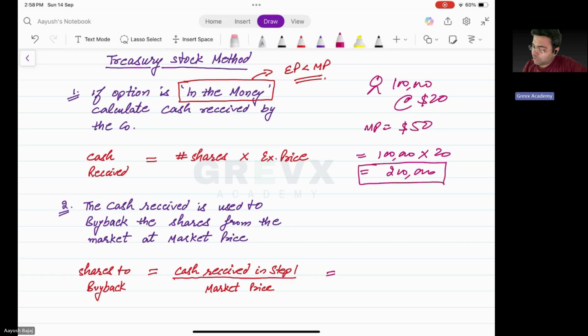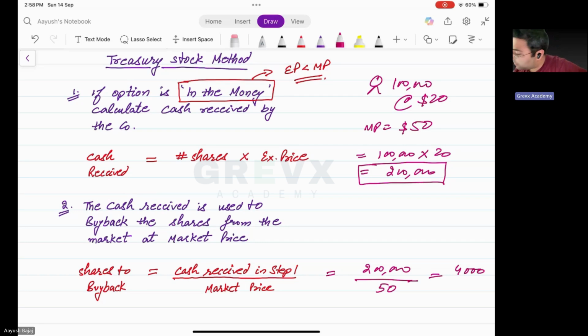So how many shares to buy back? How many shares the company will buy back? The market price is 50. 2 million divided by 50, that is 40,000. Oh, it's 2 million from the beginning.